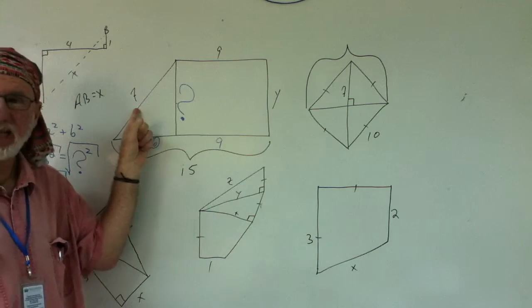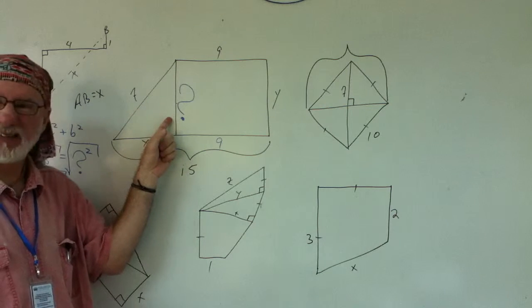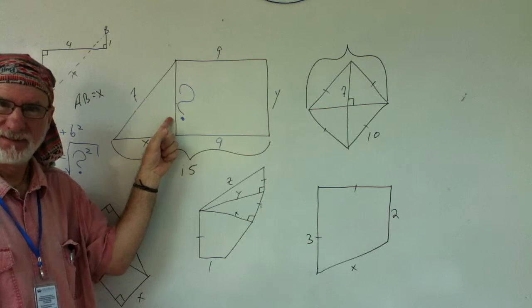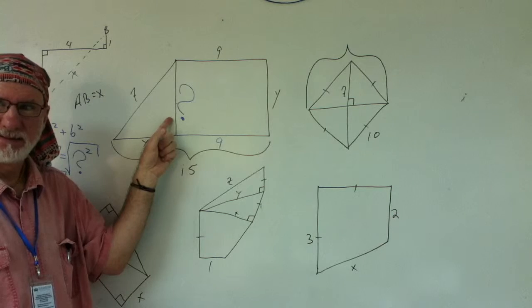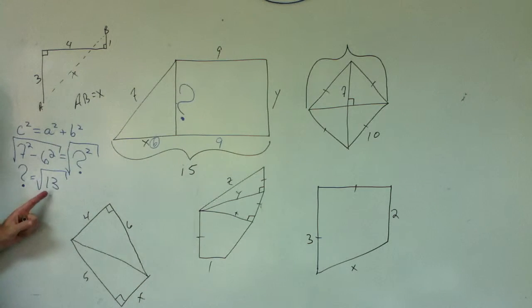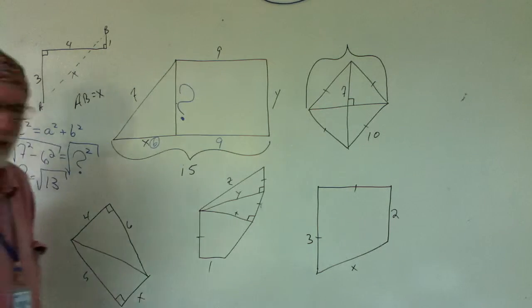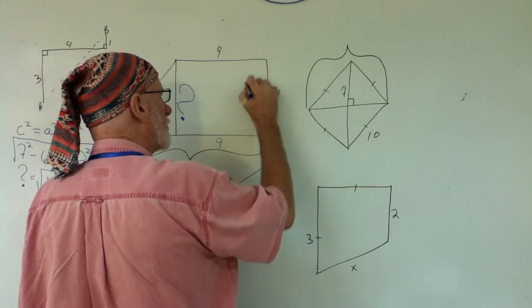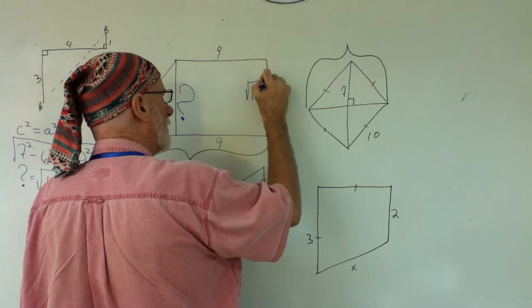Well, that's side 7, and that's the longest side, so that's got to be less than 7, right? It couldn't be 9. I don't know what I was thinking. So, root 13, is that right? Is that what the answer says? Yes, it says root 13. So this is root 13.